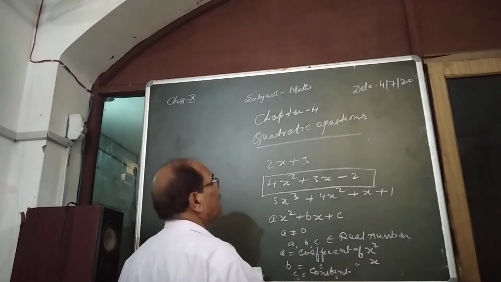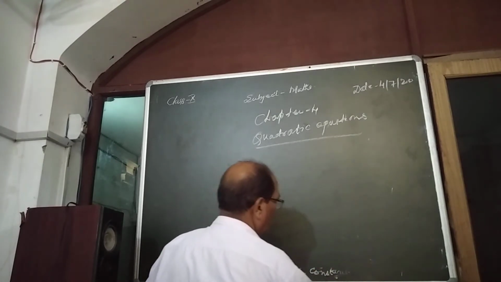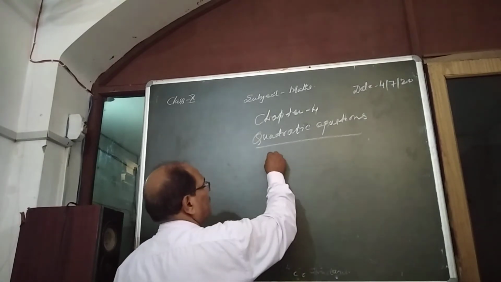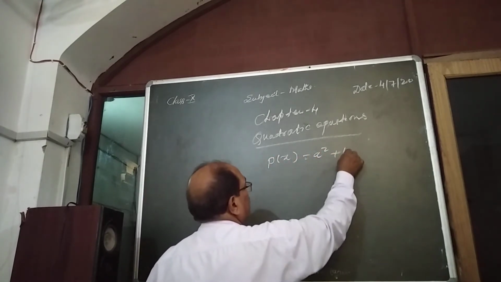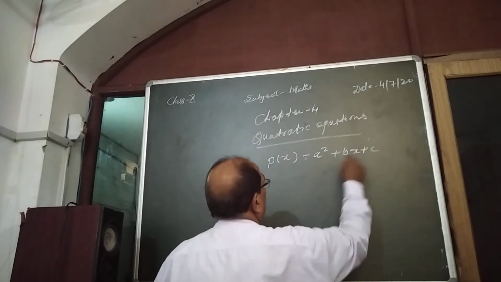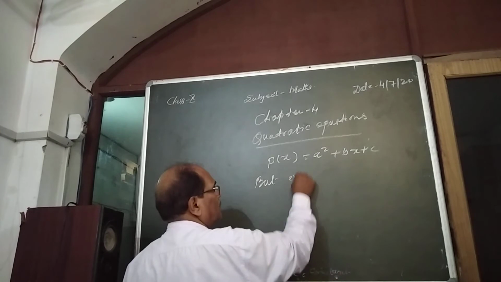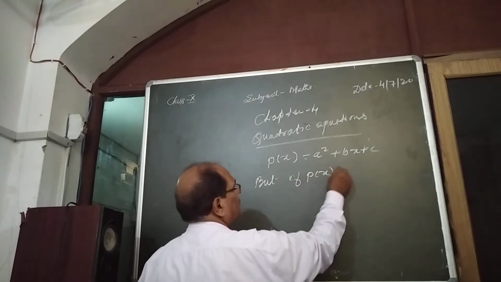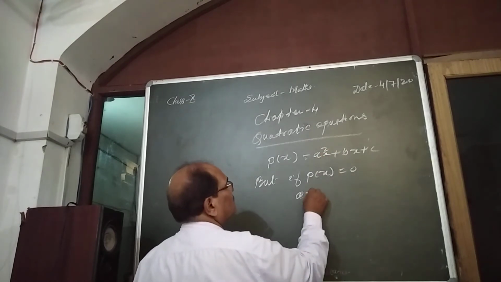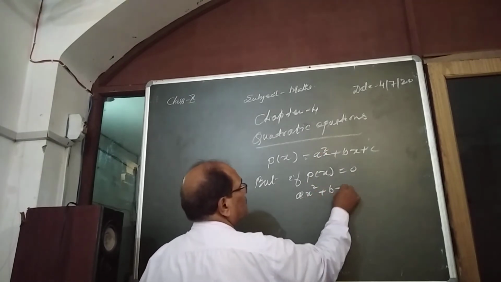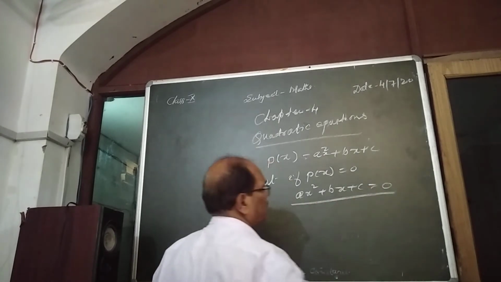Now come to the quadratic equation. If the polynomial is denoted p(x), that is ax square plus bx plus c, it is a quadratic polynomial. But if p(x) equals 0, that is ax square plus bx plus c equal to 0, this is called a quadratic equation.